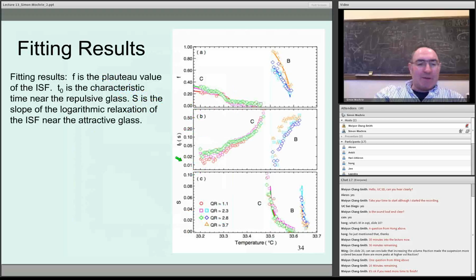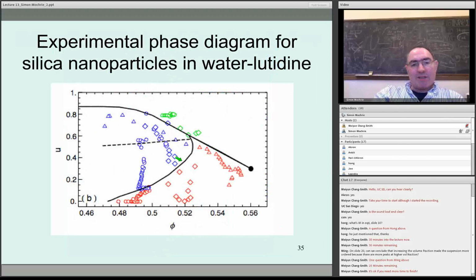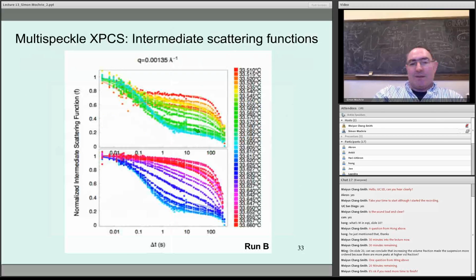I'm going to skip those fitting results, not very interesting. The bottom line of this experiment is that you can map the behavior that you observe. The green shows this so-called attractive glass, where the correlation function looks like these red correlation functions, very flat with a value of 1 for a very long time, or possibly this slow logarithmic decay.